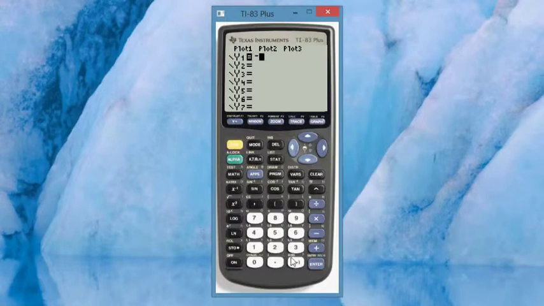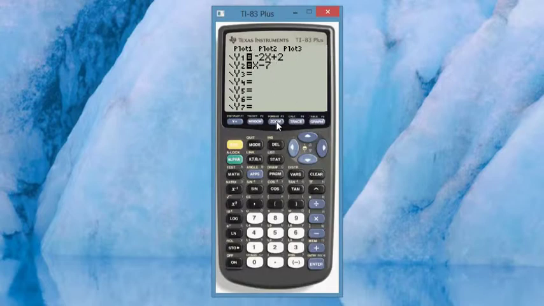So that would be negative 2x plus 2. And if you hit down for the second equation, the other one was x minus 7. Alright? So negative 2x plus 2 and x minus 7.